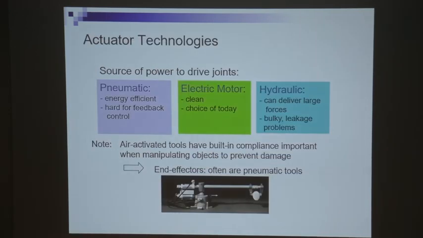When I talk about actuator technology, I mentioned earlier that the most common actuator for a robot is an electric motor, and there are many different types of electric motor. You have stepper motor, DC motor, and your DC motor may be tied with an encoder at the back. You have a servo mechanism. The most common one is the DC motor, so it's the choice of today.